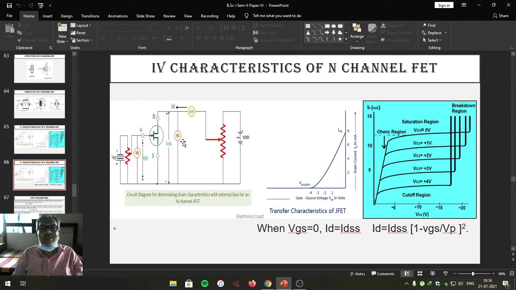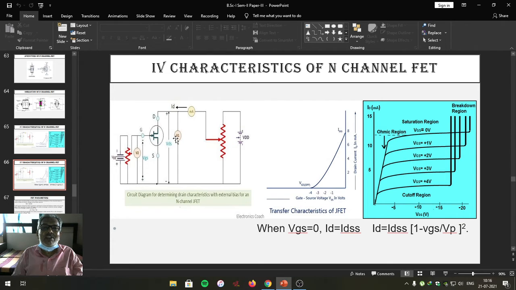Basically, there are two types of IV characteristics available here. One is output characteristics and the second one is transfer characteristics. Output characteristics are nothing but the graph of output current ID versus output voltage VDS when input voltage VGS is constant. Means we have to keep VGS constant, and by using this rheostat, change VDS and note down ID.